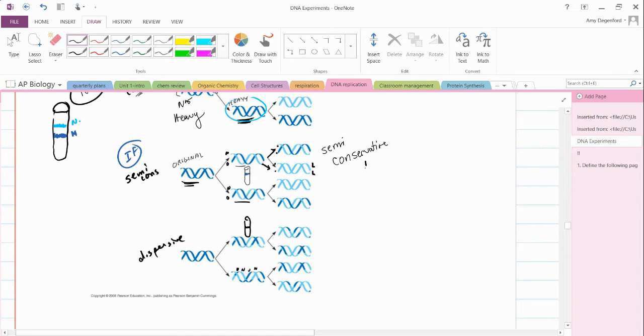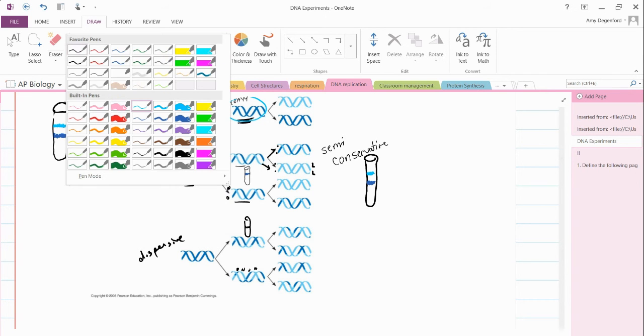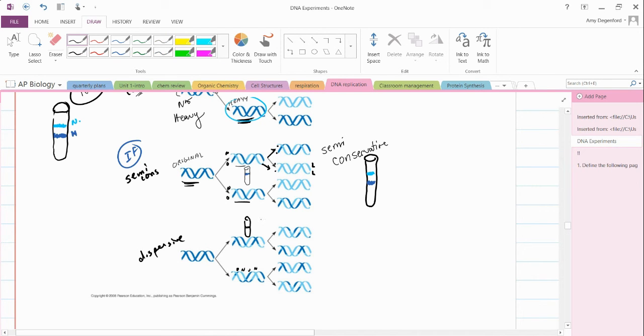So in the second round of replication, what we would see is that same mix, that hybrid a little above, but then we'd see a round of DNA that is only light, and so it's slightly higher. So indeed we get two bands. But notice in the dispersive, so follow what happens with the colors.